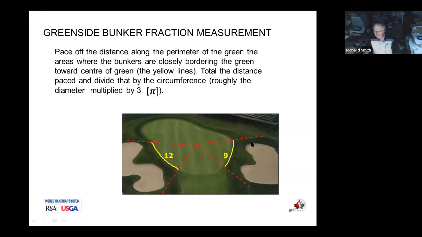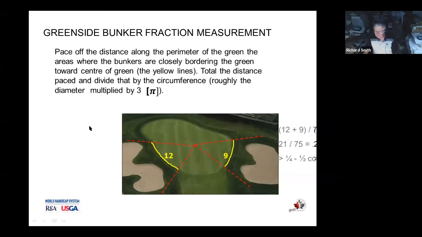Notice this line here. At first glance, you say, well, that's not in the right place. Well, the reason it would be here and not down here is that there is a quite steep slope down here to the bunker and over here, so that balls will not stay up there, they'll bounce down into the bunker. So you have to be aware of that possibility.